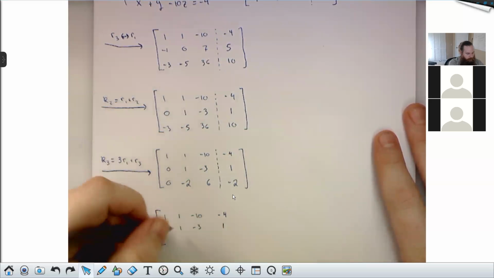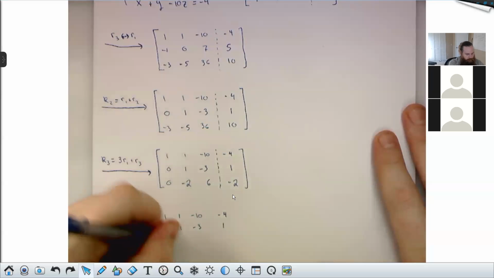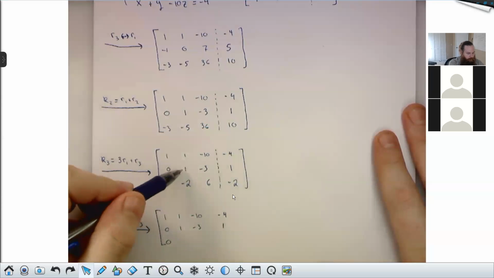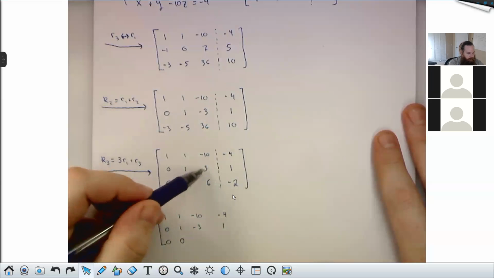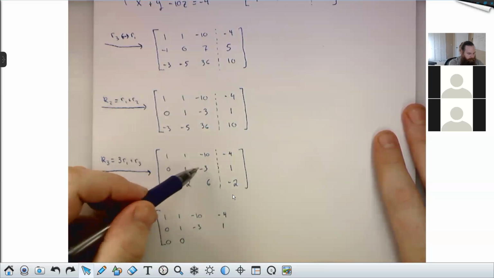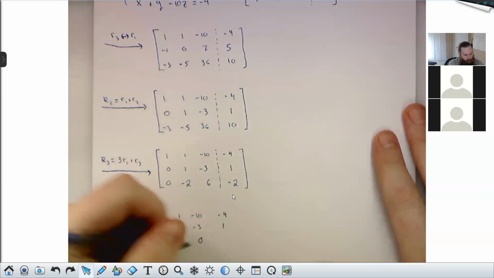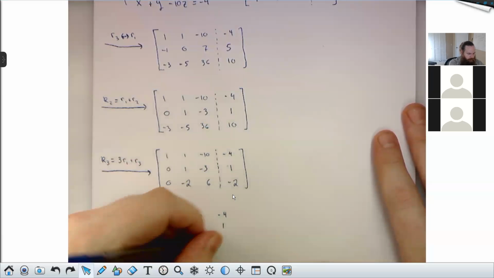Row 3 though, 2 times 0 is 0, 0 plus 0 stays 0. 2 times 1 is 2, 2 plus -2 is 0. 2 times -3 is -6. -6 plus 6 is 0. And 2 times 1 is 2. 2 plus -2 is 0.